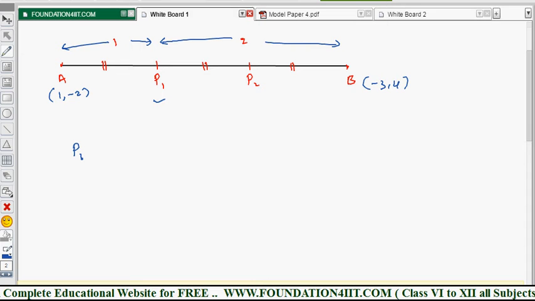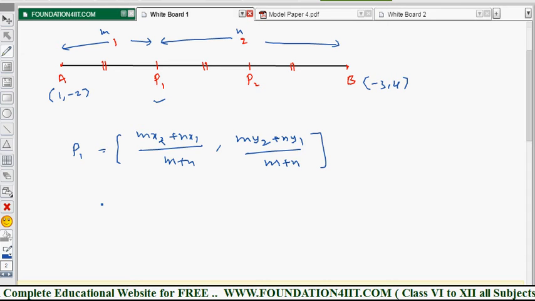Then P1 equals (mx2 plus nx1) by (m plus n), comma, (my2 plus ny1) by (m plus n).